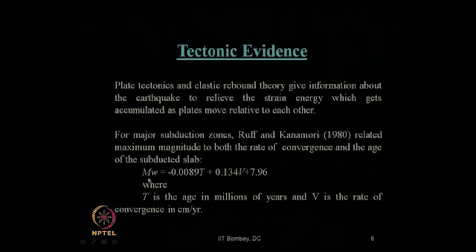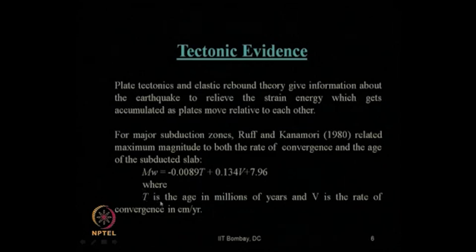That is MW equals minus 0.0089 T plus 0.134 V plus 7.96. Again, this is a semi empirical relationship or empirical equation. So, we have to be careful about the units of T and V. Let us see.